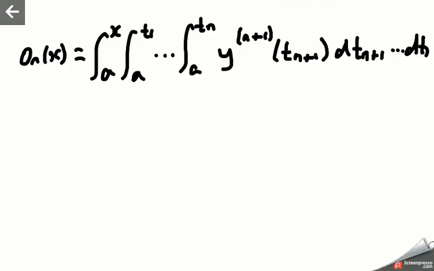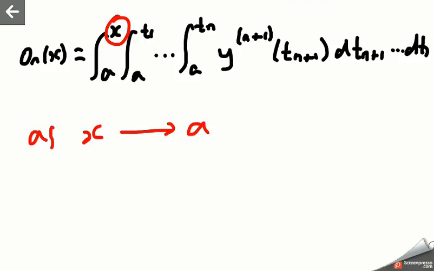Okay, what we can observe is that as x gets closer and closer towards a, what's going to happen to this thing? Well, in the first integral, we're integrating from a. The closer x gets to a in that first integral, the smaller it's going to get overall.